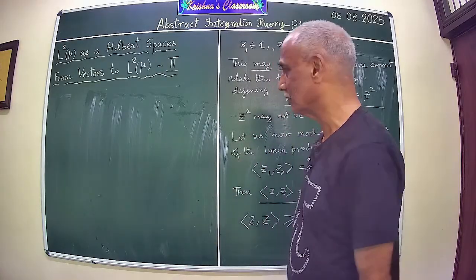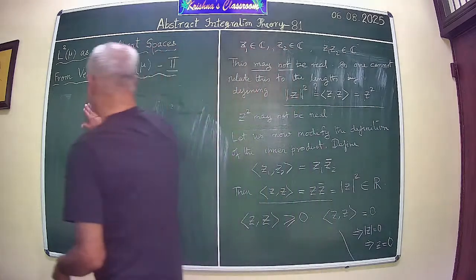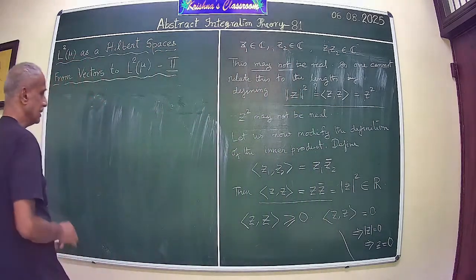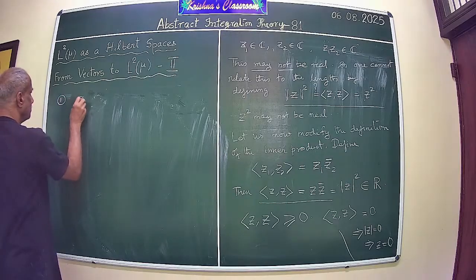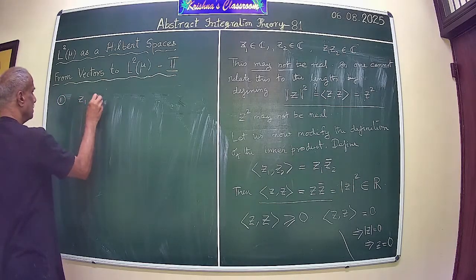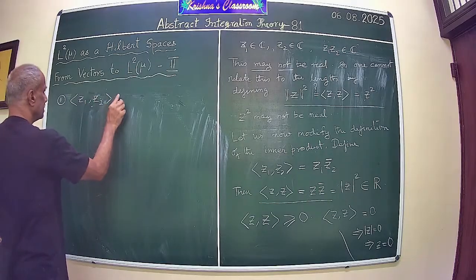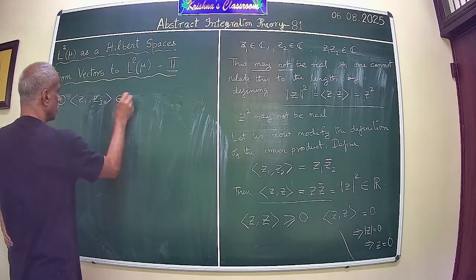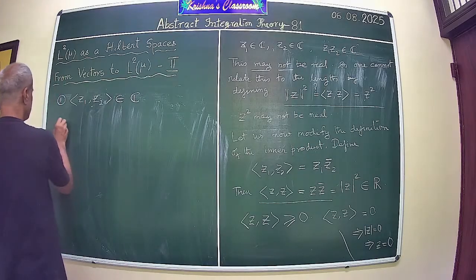This is important. So I'll just explain what it is. Now you see that these are the properties. These are complex numbers. This is a complex number.